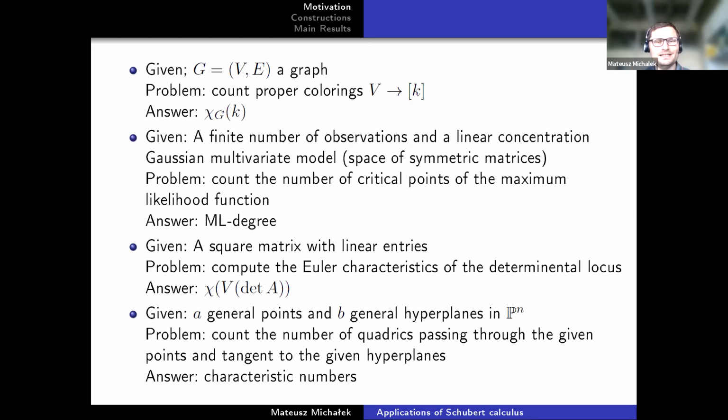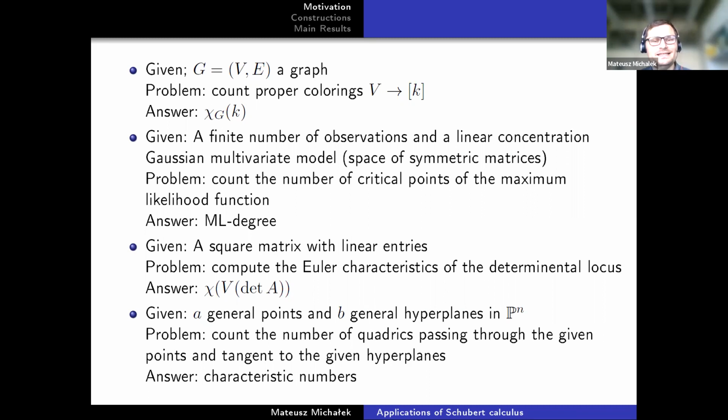Okay, so we had combinatorics, we had statistics. Now let me describe one more problem that I like. We could have a nice variety, and what I mean here by a variety will be a very special variety. I take a square matrix where entries are linear functions, so something like 2x plus y minus z, every entry is of that form, and I take the determinant, and I look where it vanishes. So I look at which matrices are degenerate in that space of linear matrices.